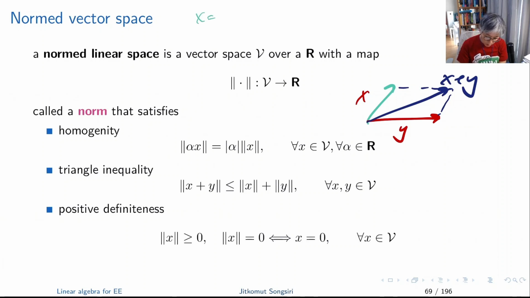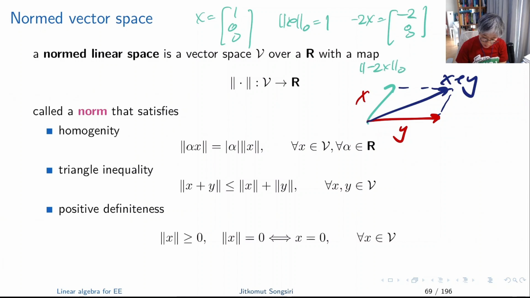Suppose x is 1, 0, 0, and obviously the zero norm is 1, right? What about negative 2x, which is -2, 0, 0? The zero norm of negative 2x is the number of non-zero elements, so it is still 1.